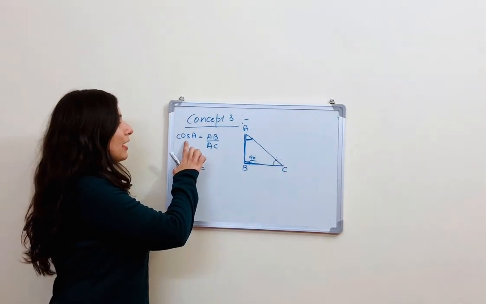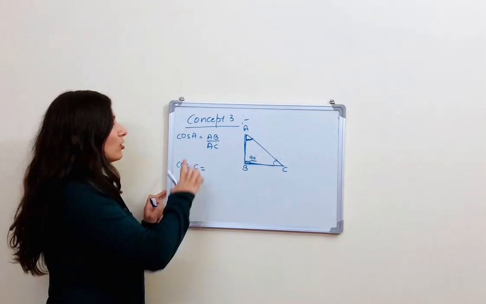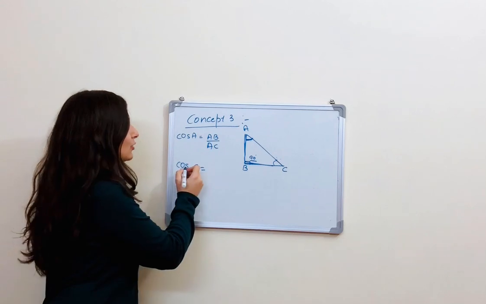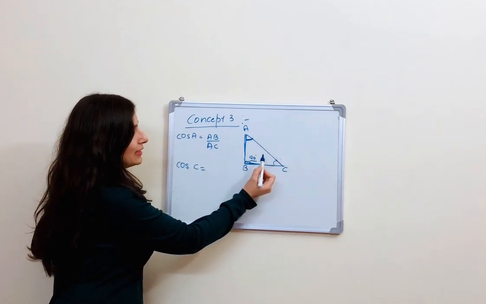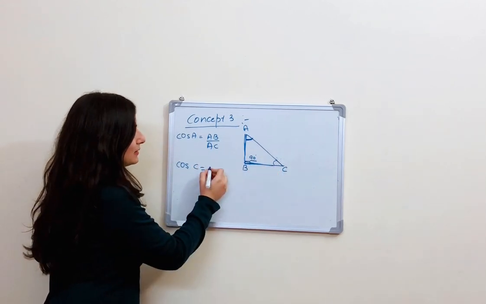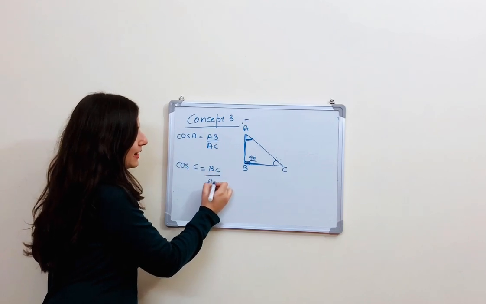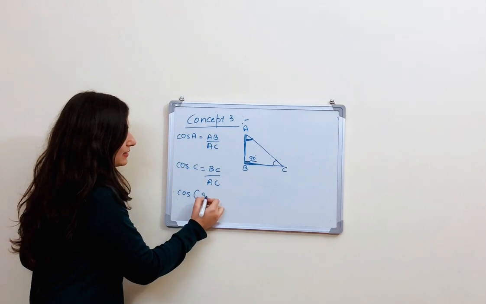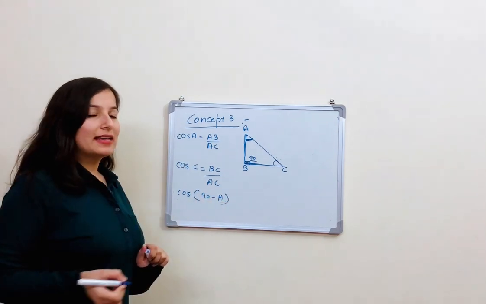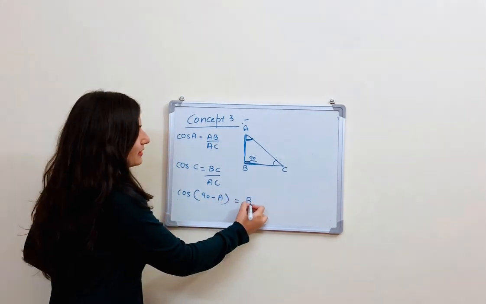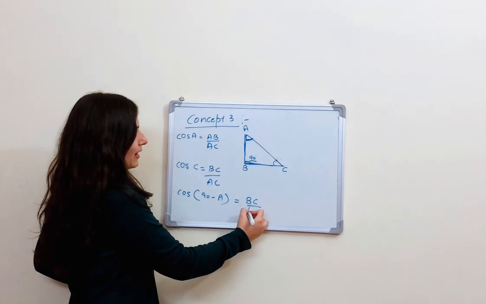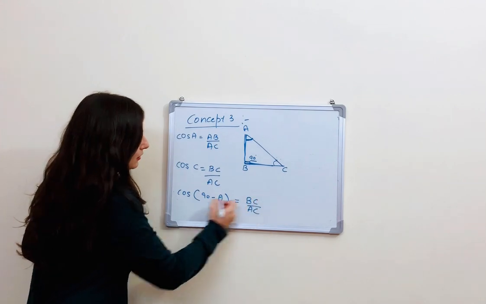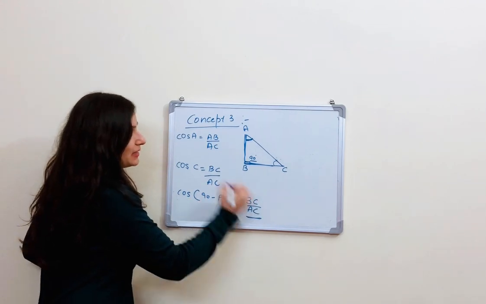So now we are finding for cos. Cos A is AB upon AC, as we have already seen. Cos C, according to C, will be the base BC and hypotenuse remains the same, that is AC. Now if I substitute C as 90 minus A, as we did in the first case, cos 90 minus A equals BC upon AC.